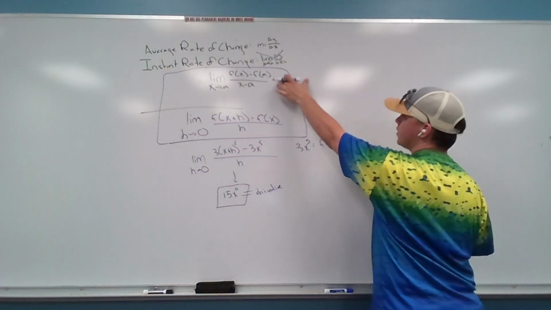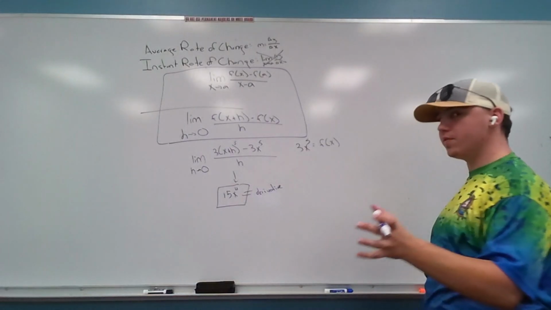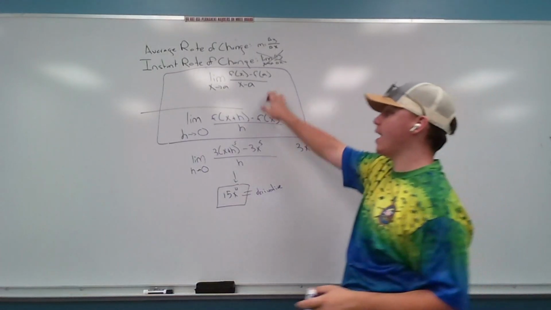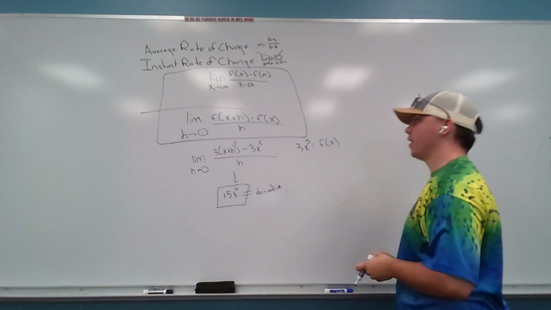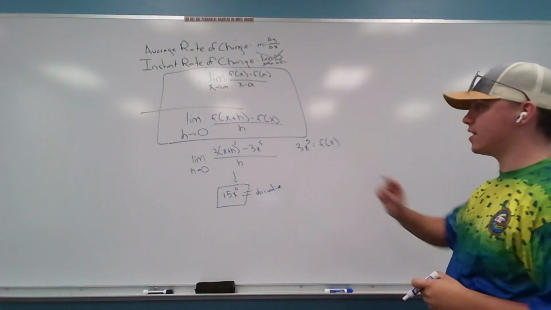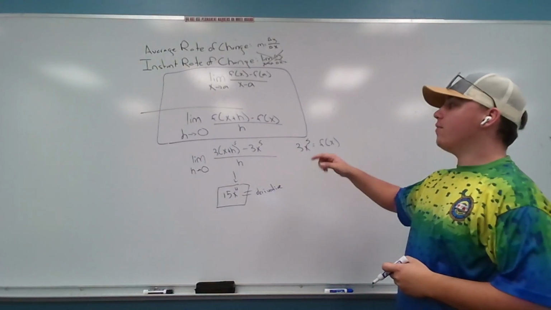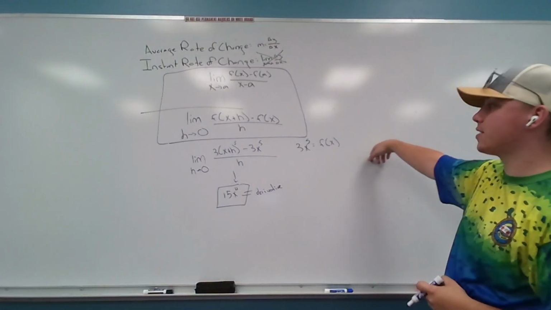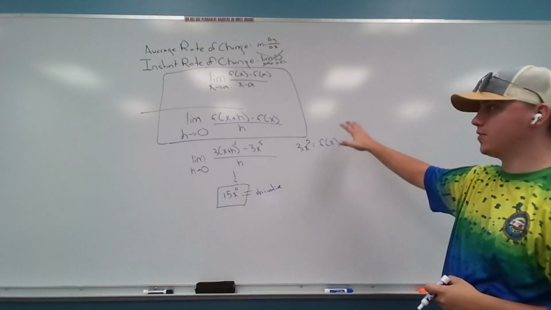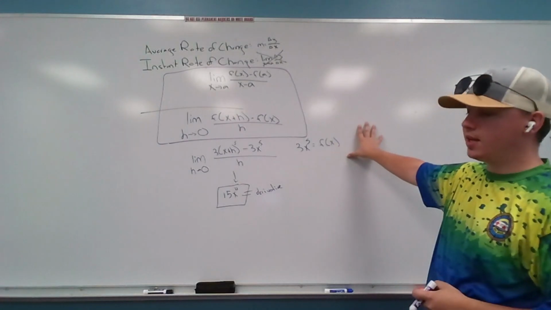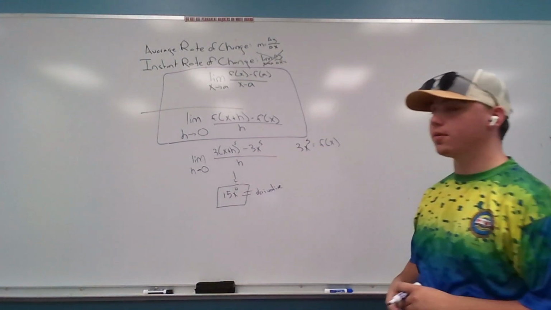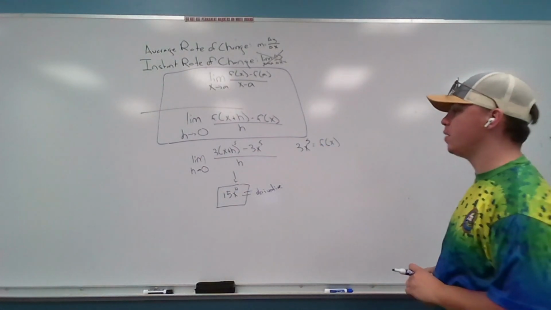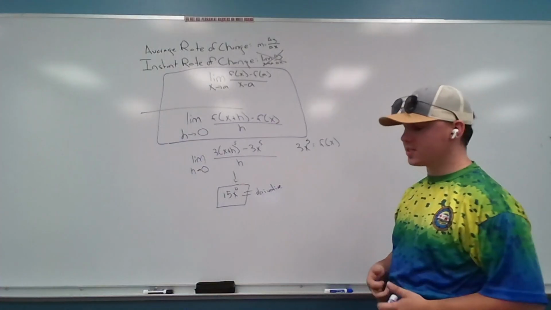Remember, this first one gives us the numerical value of a derivative at a specific point, that point being a. And the second one, where as h approaches 0, f of x plus h minus f of x all over h, actually gives us the equation, because in the end, h is just going to disappear from our answer. Anyways, I hope that makes sense.